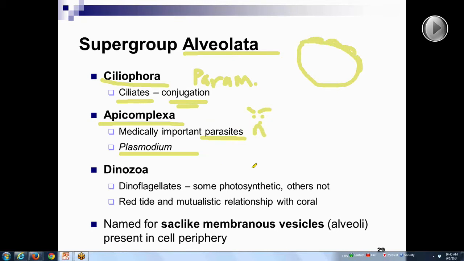Plasmodium falciparum, which causes what? Anybody remember? Plasmodium falciparum causes malaria, right? Which kills a lot of people every year. About 2 million people a year are killed because of this guy. 2 million guys. That's a lot of folks dying because of this Plasmodium falciparum.